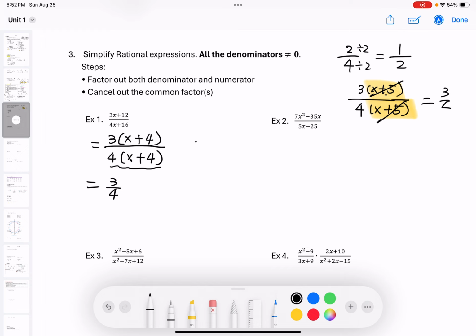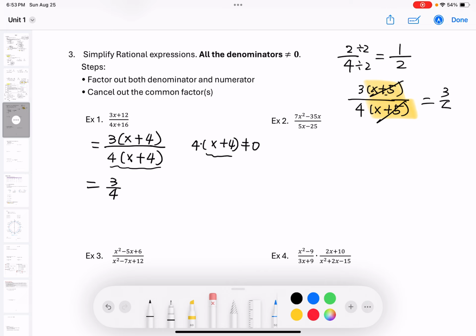So we must say everything at the bottom, 4 times x plus 4, is not equal to 0. If it is 0, it's undefined. So 4 times what is equal to 0? 4 times 0. So this part, x plus 4, cannot be 0. So 4 times a non-zero thing is not equal to 0. You can also think about it this way.